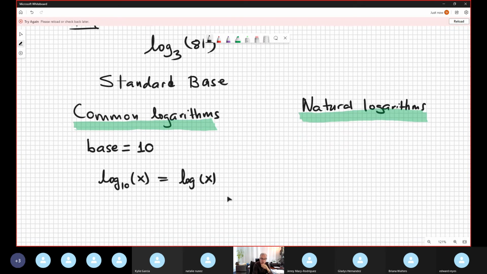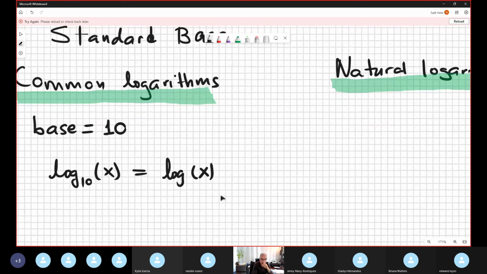So when you see log and no specification of the base, normally you see a small number here. When you see it's missing, it's because the default is 10. Okay?